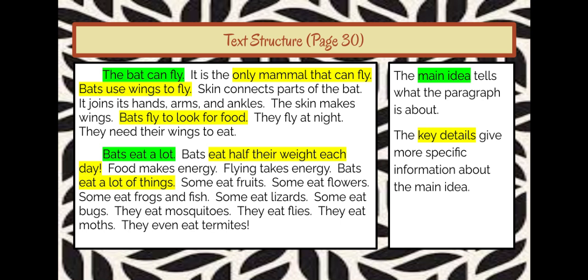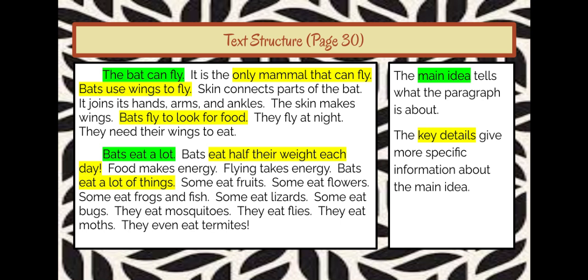Turn to page 30 in your student books. Follow along as I read and explain the structure of informational text. Well-written text has organization. Some informational text is organized using main ideas and key details.